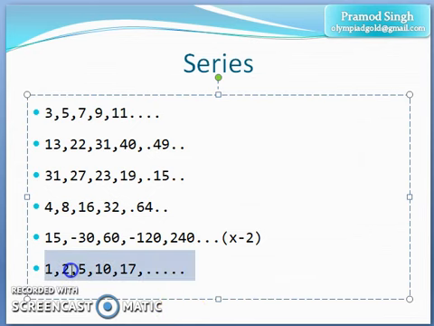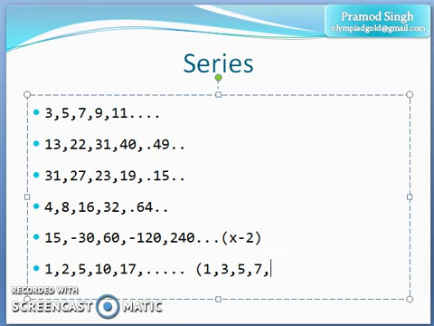Let's talk about the last one. It is 1, 2, 5, 10, 17. So how much is the difference? 1, then 3, then 5, then 7. So if we just write the difference, it comes like 1, 3, 5, 7.